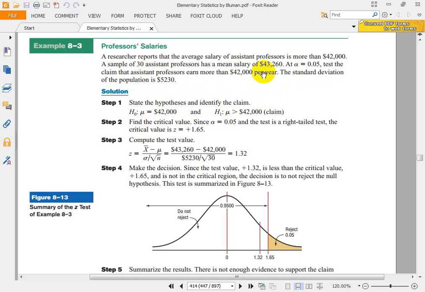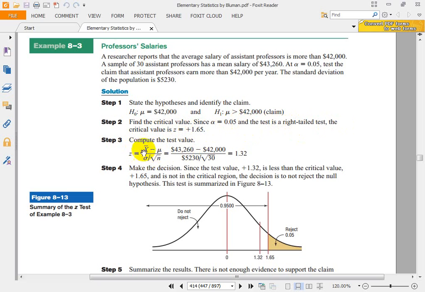Why one-tailed? Because here the sample mean salary has become 43,260. So obviously in the claim of the alternative hypothesis, the population mean must be greater than 42,000 because 43,000 is greater than $42,000. So find the critical value. Since alpha is equal to 0.05 as it has been considered, and this is a right tail test, the critical value is z equal to 1.65.